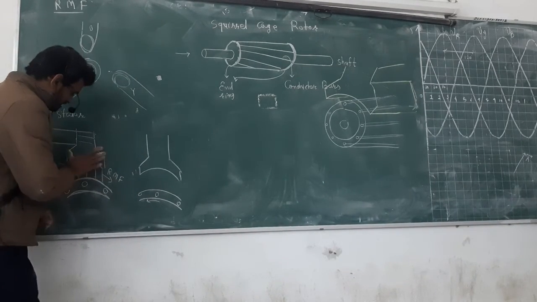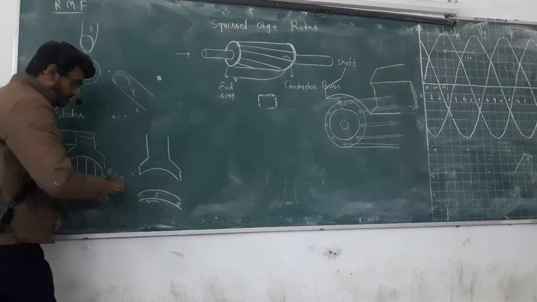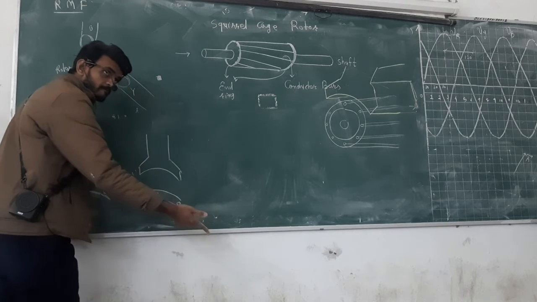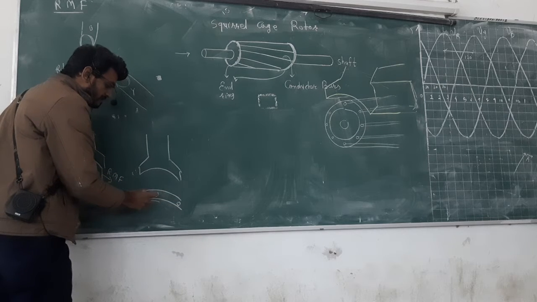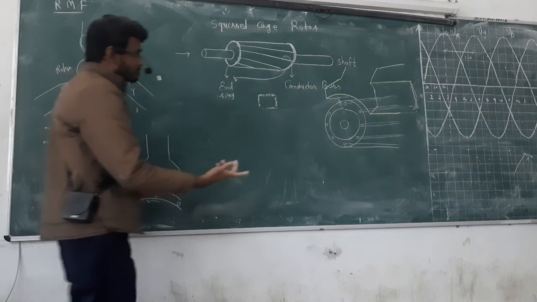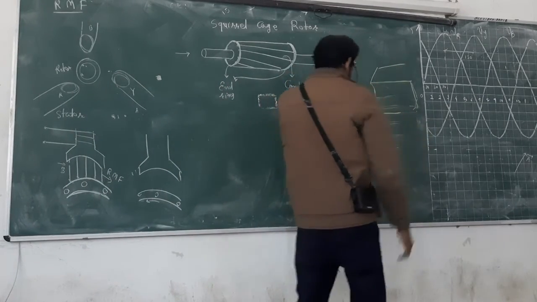So let's say this is the magnetic field that is rotating. Okay, and the rotating magnetic field travels in this way, so that will induce an EMF inside this conductor, but the conductors form a closed circuit. Why? Because they are clamped by the end rings.